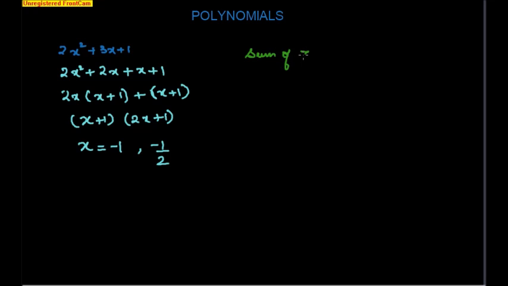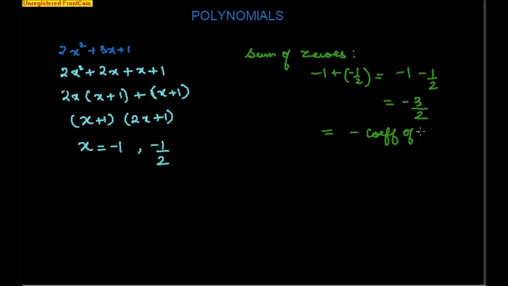Now if I take the sum of zeros, minus 1 plus minus 1 by 2 is equal to minus 3 by 2. If you see minus 3, it is minus the coefficient of x upon the coefficient of x square.